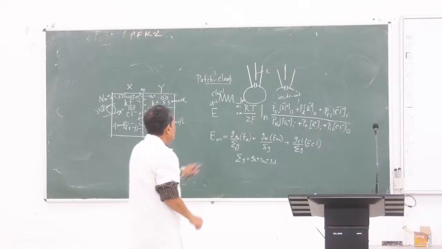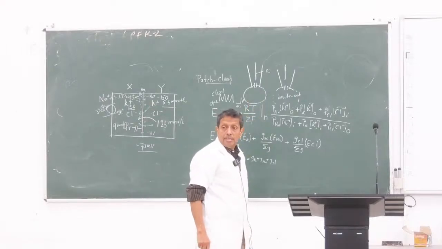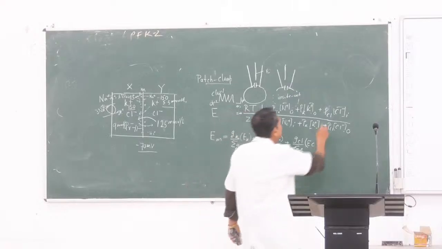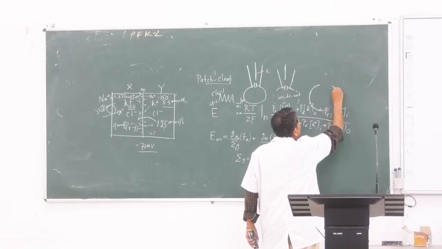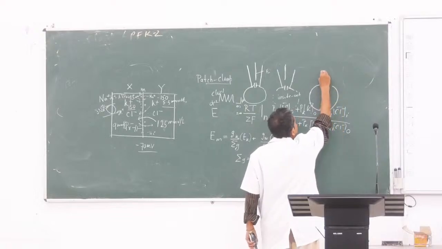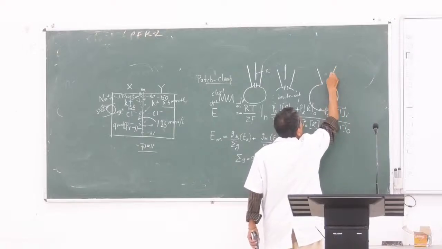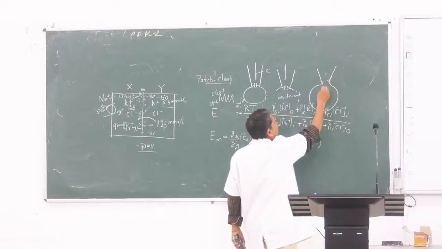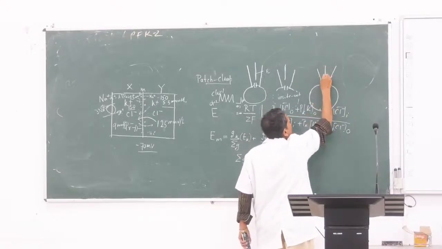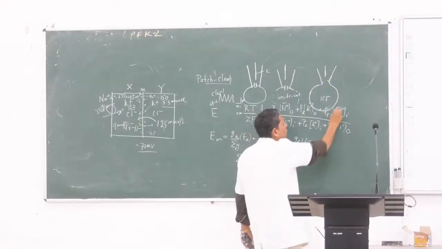Or it is possible to suck up the patch so that the electrode enters directly into the cell, the whole cell recording. In that way, the cell is there but it is ruptured in such a way that the patch is sucked up, and through and through connection is made with the ICF. This is the whole cell recording.